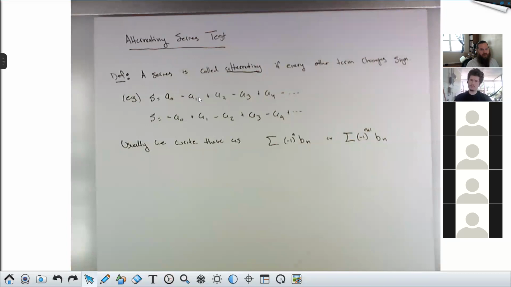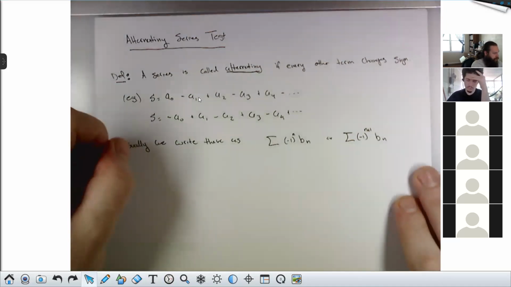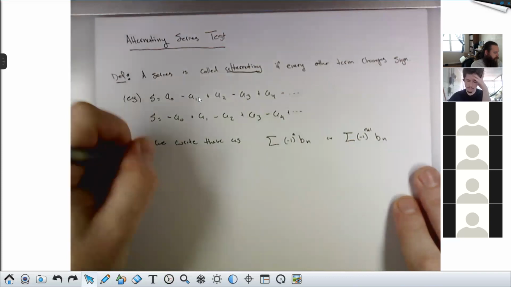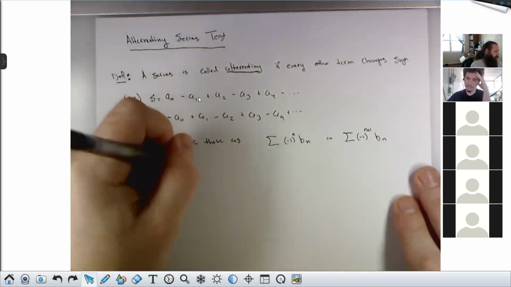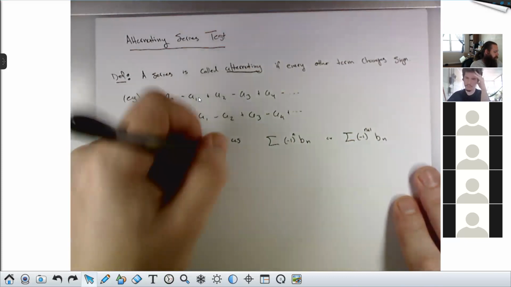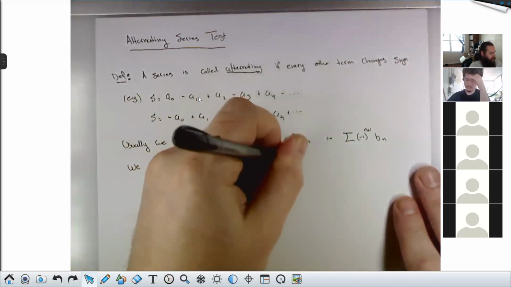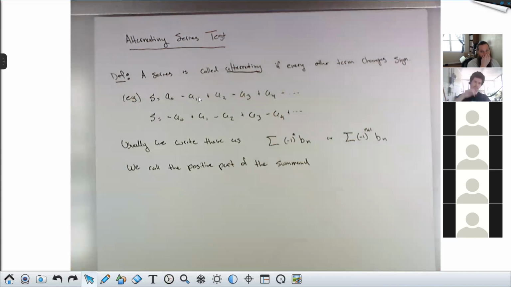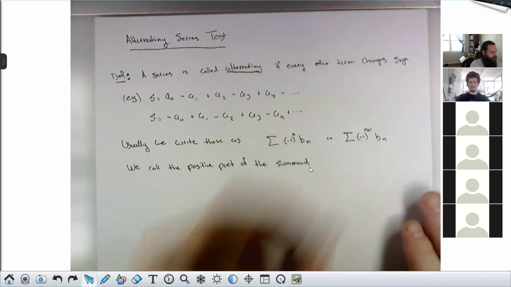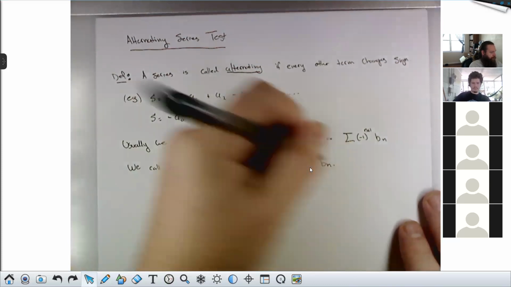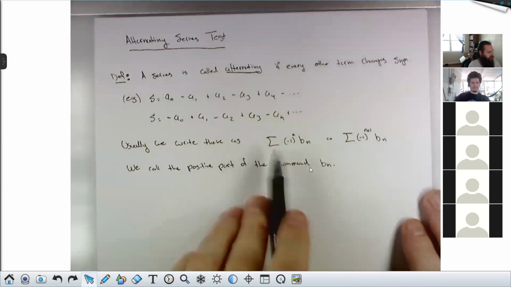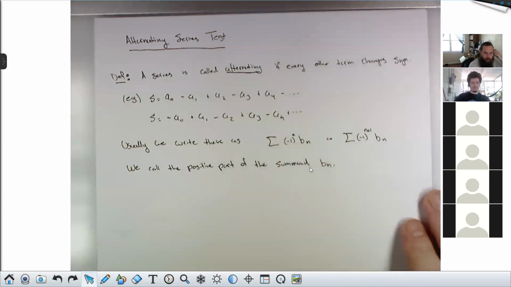There's other ways to get the alternating behavior, but the big thing is we call the positive part of the summand Bn. A little more vocabulary here: the thing inside the sum, the thing that's being added up, whatever's inside the sigma, is called the summand. These could start at 0, or could start at 1, or could start wherever, so I'm not specifying the starting value for the index here.